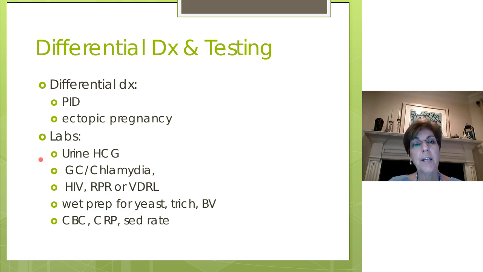You want to do a urine HCG to check for pregnancy, GC and chlamydia. Remember, you're going to check for all the STDs if you're thinking cervicitis or PID. So check chlamydia and gonorrhea, HIV, RPR or VDRL to check for syphilis, wet prep for yeast, trich and bacterial vaginosis, a CBC, a CRP, and a sed rate.